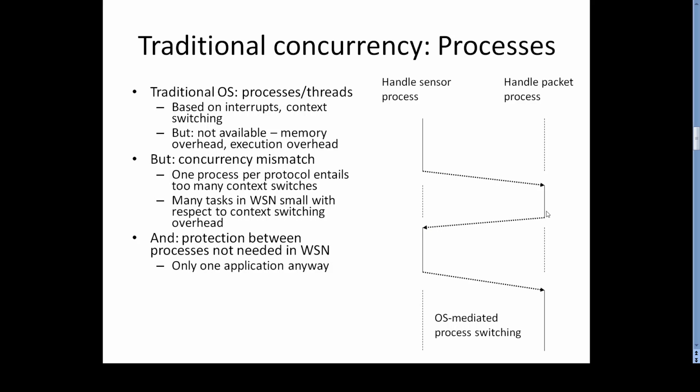Why? Because the content is small, but the switching between the processes becomes more. So that will create overhead in terms of memory as well as execution time to switch from one process to another process.